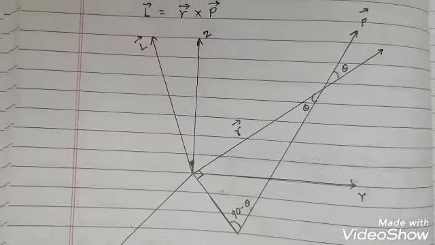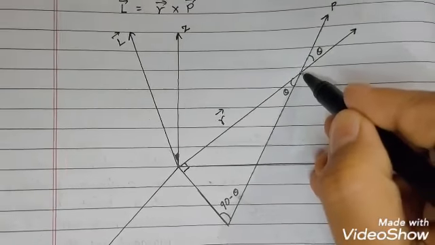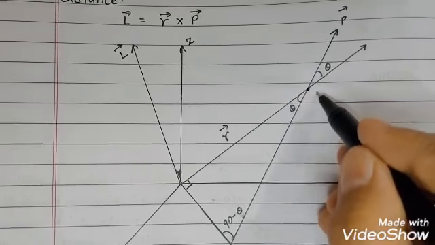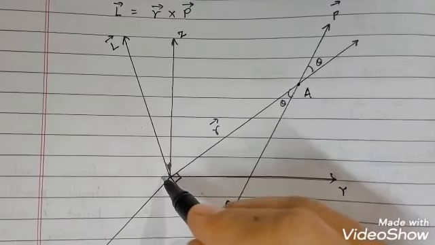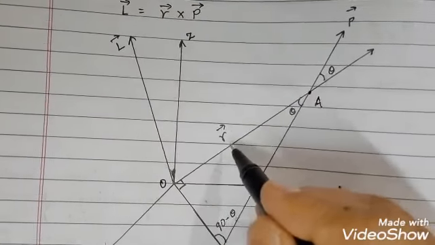We'll consider here a particle of mass m. Suppose a particle is kept over here, and suppose this is the point A and the position vector of point A from origin is r.